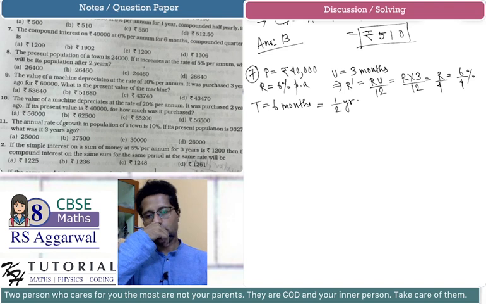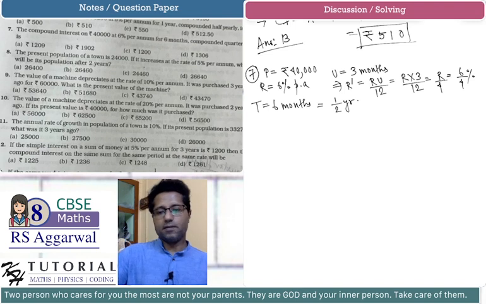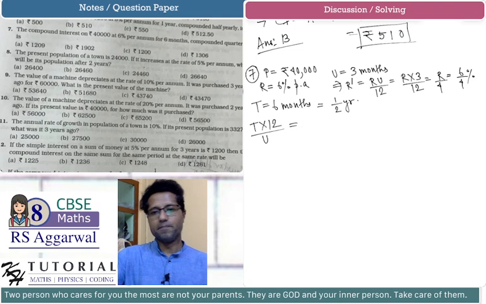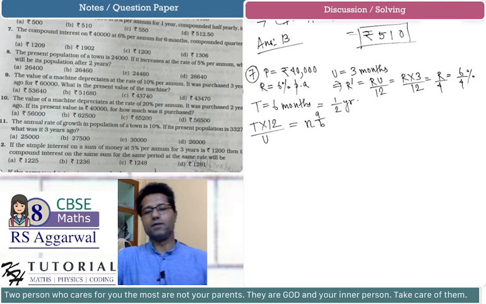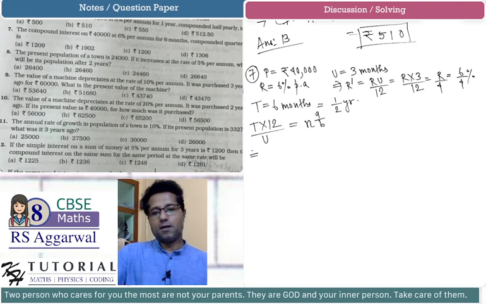Now we need to also find the value of small n and the fraction a by b, which we will get from T multiplied by 12 divided by U. If we express this value as a mixed fraction n a by b, then we will get the value of n and a by b. What is T?